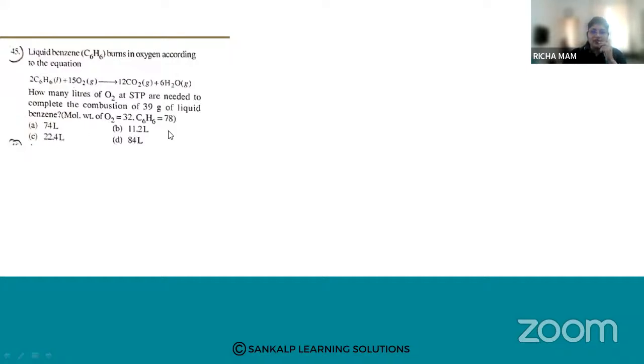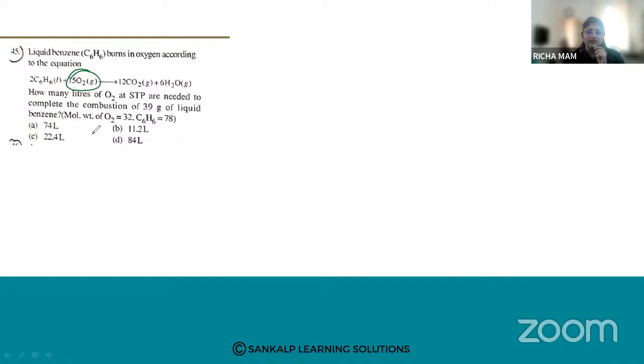The molecular weights of oxygen and C6H6 are given. C6H6 plus oxygen, it burns in oxygen according to the equation.